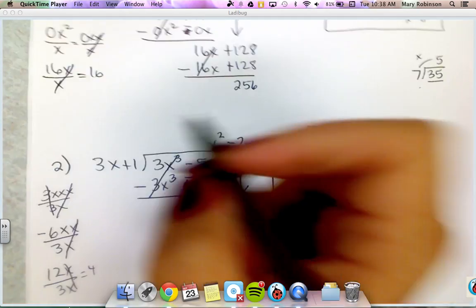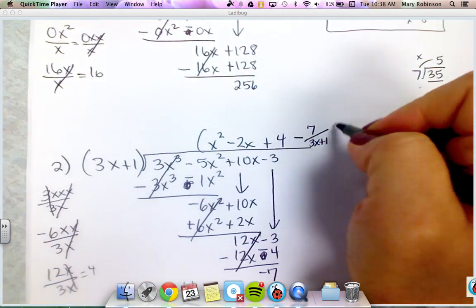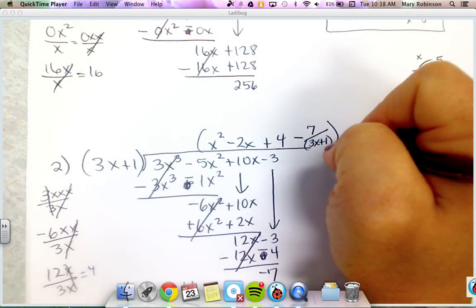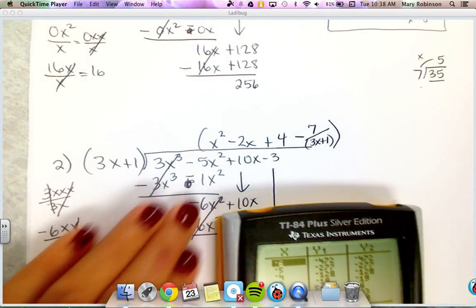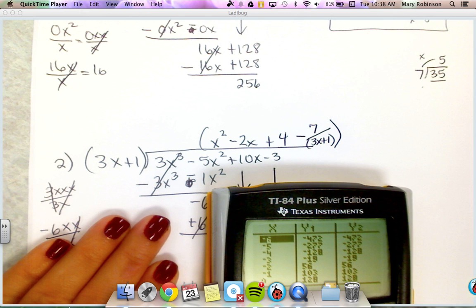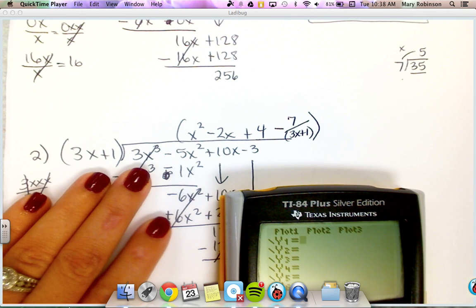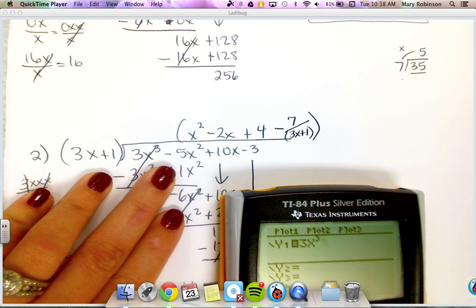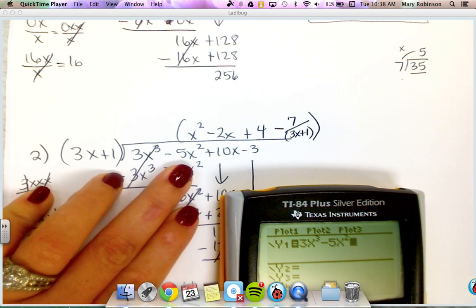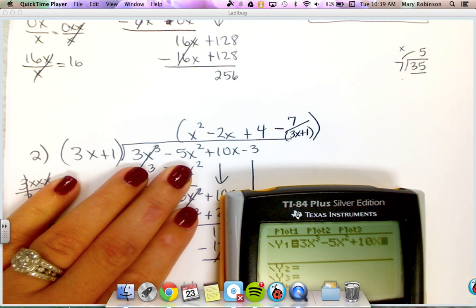So when checking this, remember we want parentheses around all of this, but also parentheses around the 3x plus 1. Please do this on your test so that you can ensure that you have the correct answer when you turn it in. So 3x to the third minus 5x squared plus 10x minus 3.